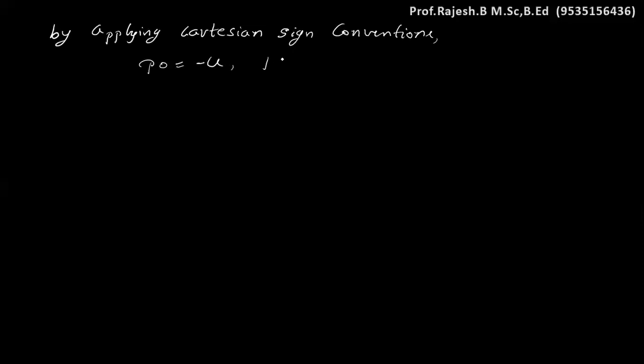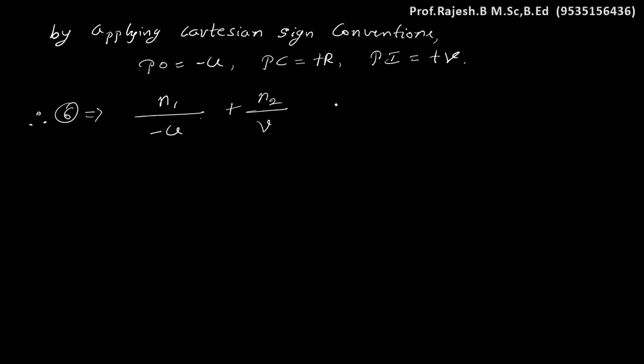Now, by applying Cartesian sign conventions, we can write that PO is equal to minus U, PC is equal to plus R, and PI is equal to plus V. Therefore, equation 6 becomes, substituting, N1, the refractive index of the object space, divided by PO, minus U, plus N2 divided by V, is equal to N2 minus N1 divided by PC.